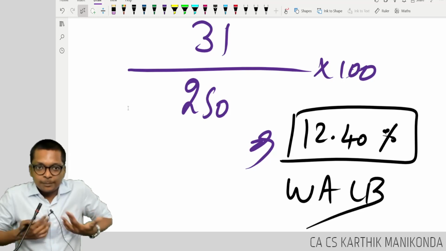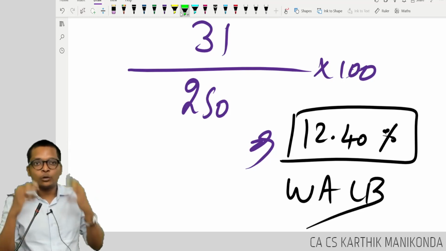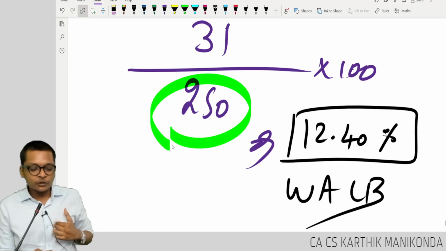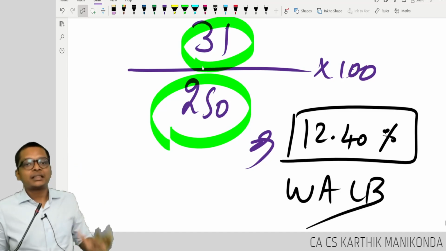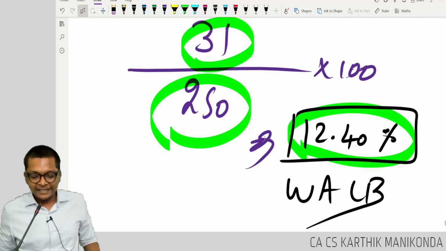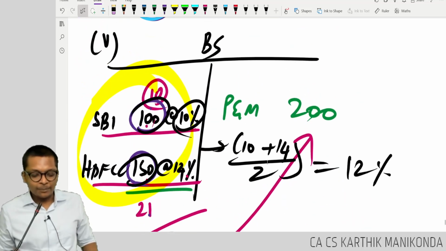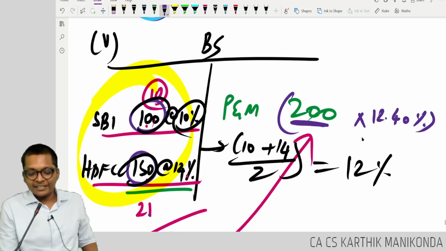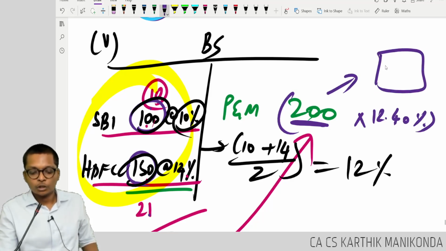That means as a business, overall, look at the logic. I borrowed 250. On this 250, my interest is 31. So my rate of interest is 12.40%. Now I'll apply 200, my usage, into 12.40%. How much will I get? 24.8 or whatever.